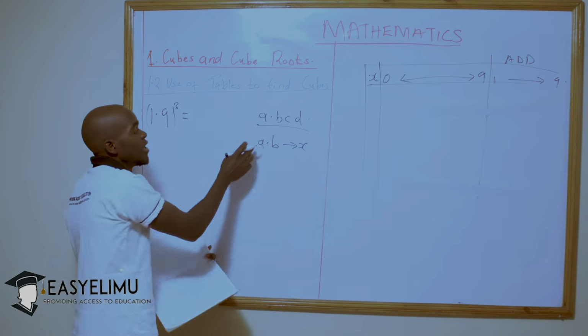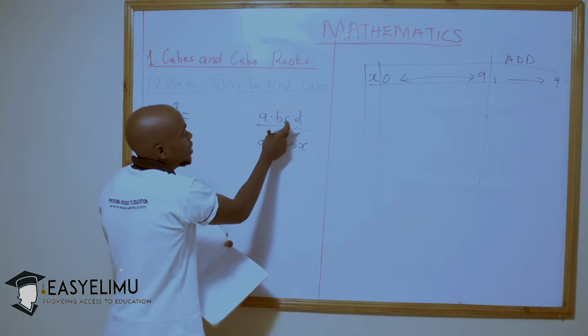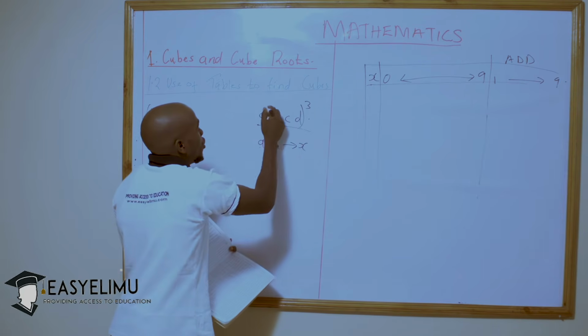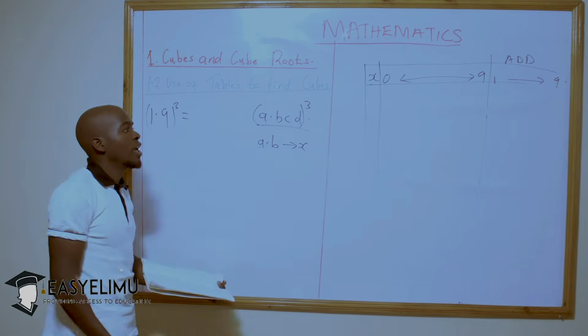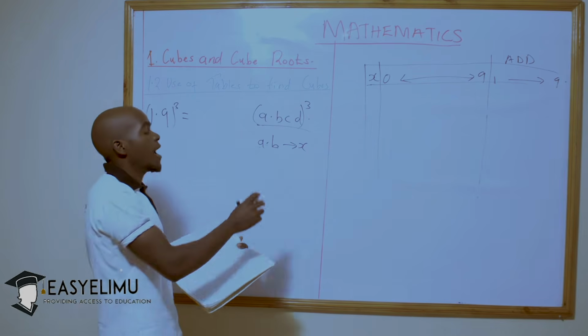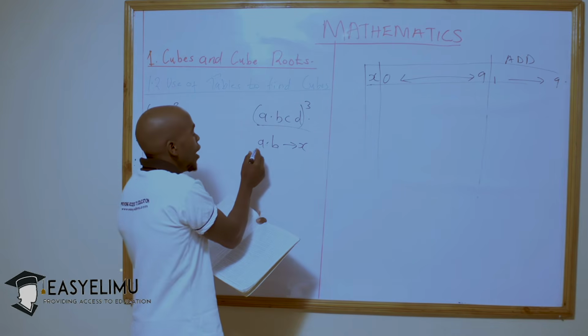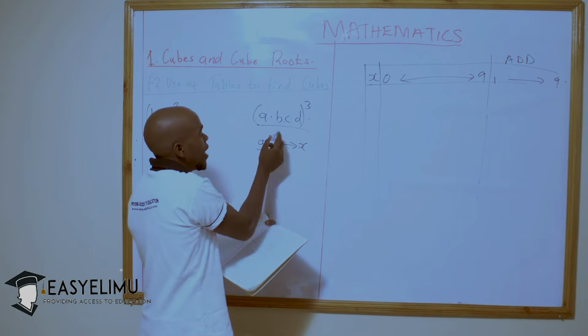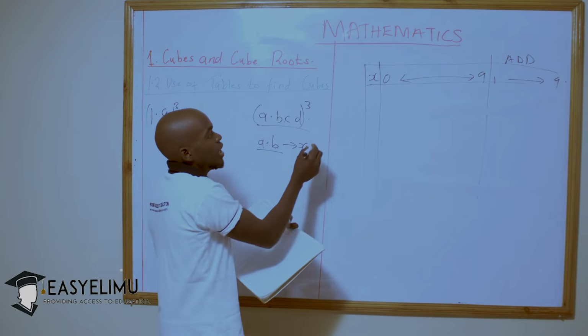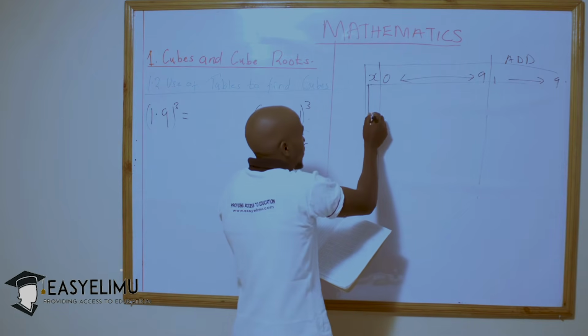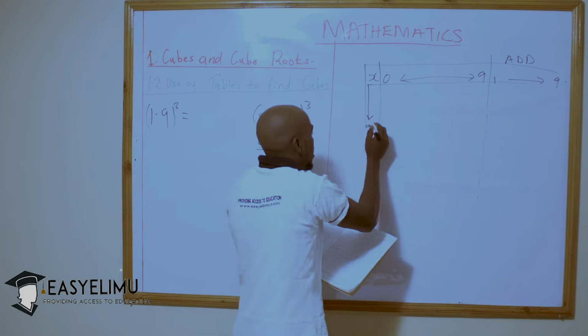So if you have been given a point b, c, d, and you have been told to find the cube of that one, then you will view a point b, which will be under the column of x. View where you will find a point b here.